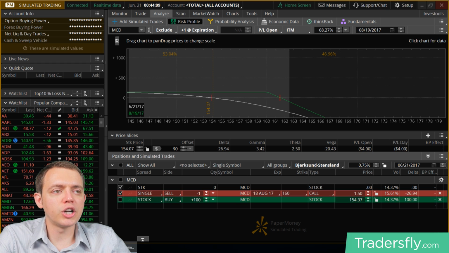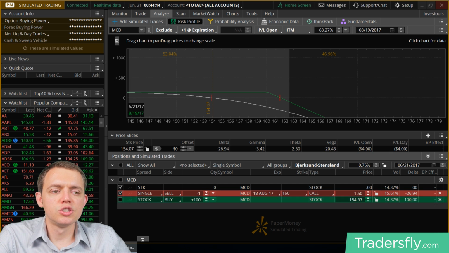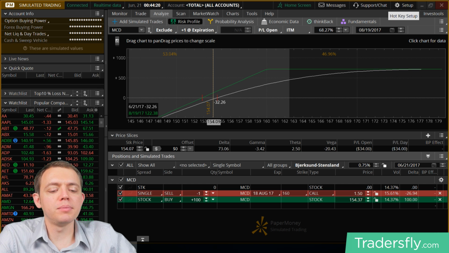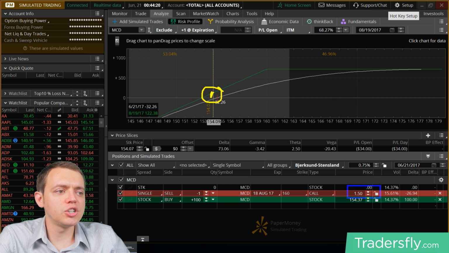The call contract, I make money from it staying under that 160. So if this McDonald's stock doesn't do anything and stands still, normally I don't make any money. But because I have that call contract from selling it, what it allows me to do is make that additional $150 from just pretty much sitting still.